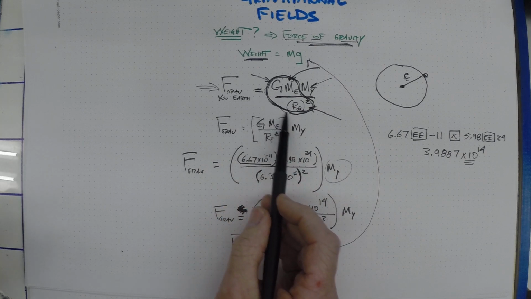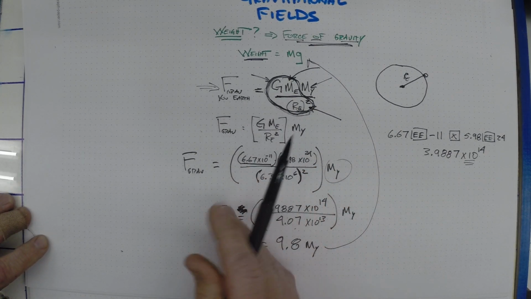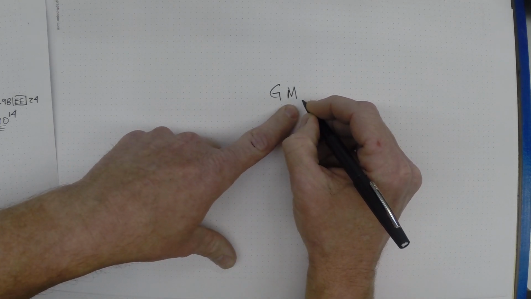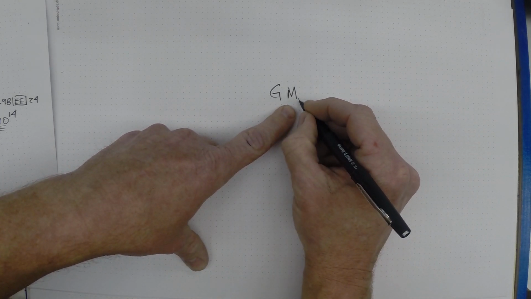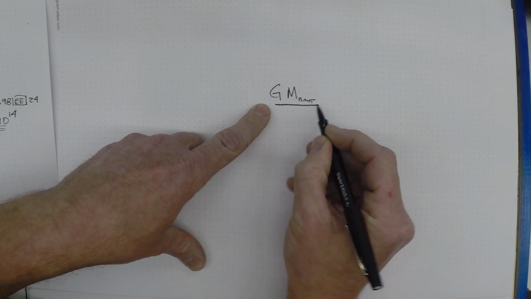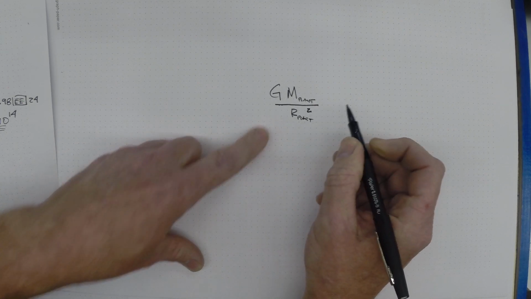Which leads us to this. This part, the part that I've kind of looped here, that part of the gravitational formula, the capital G, the mass of the, I'm going to say planet, but it doesn't have to be a planet, but it may, but oftentimes it is, divided by the radius of that planet, squared, of course.